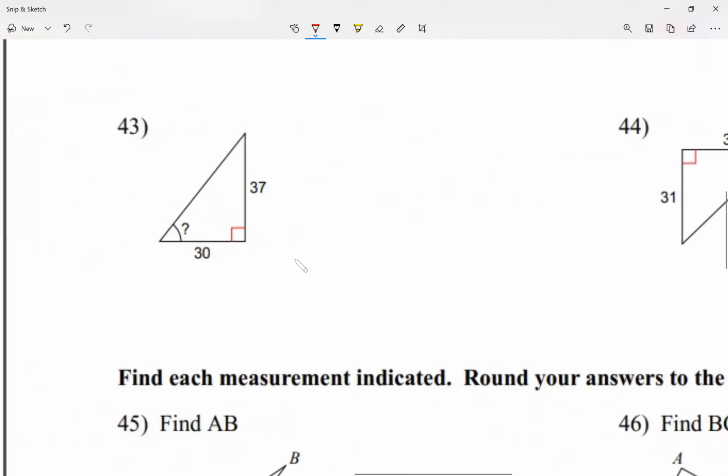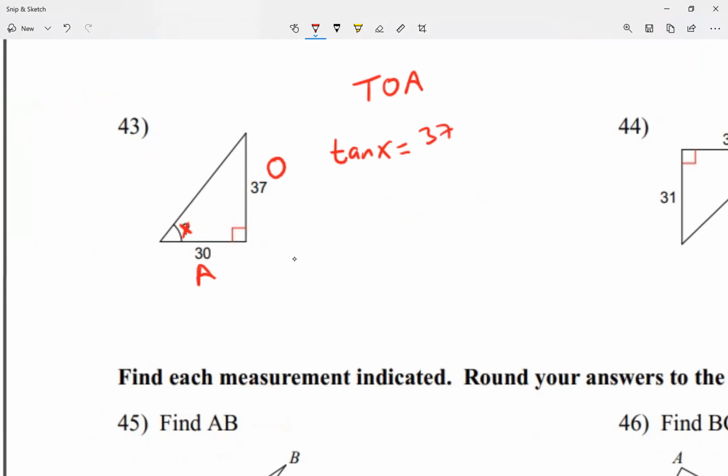Looking at number 43, my question mark, I'll replace it with an X. I don't know anything about the hypotenuse. I have my opposite and my adjacent. So I'm going to remember the acronym TOA, which means tangent of X is equal to 37 over 30.